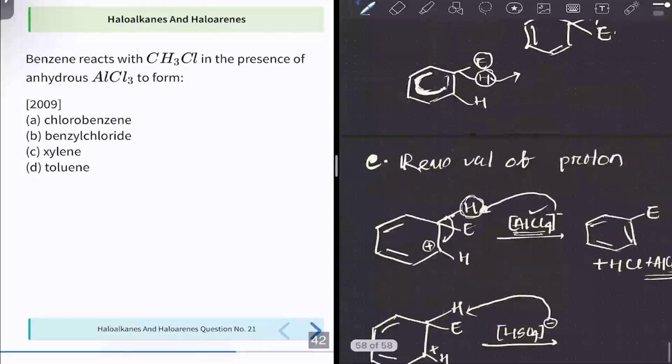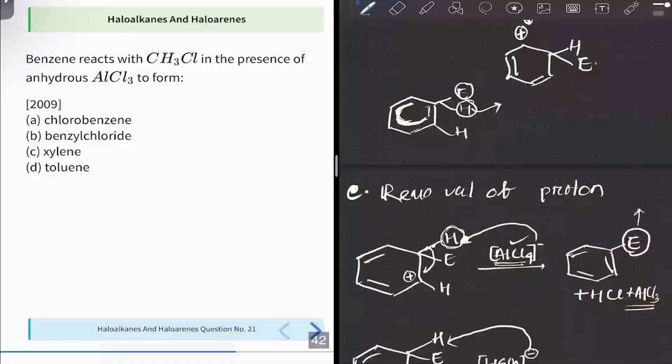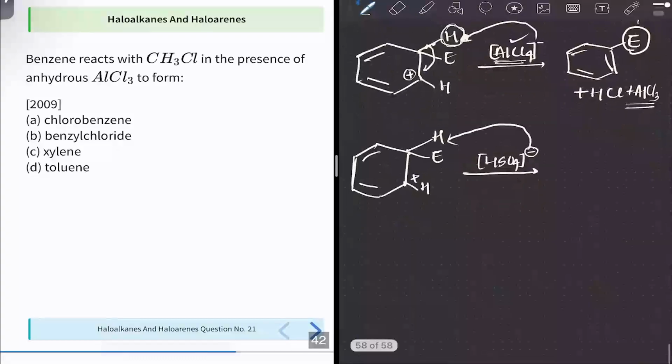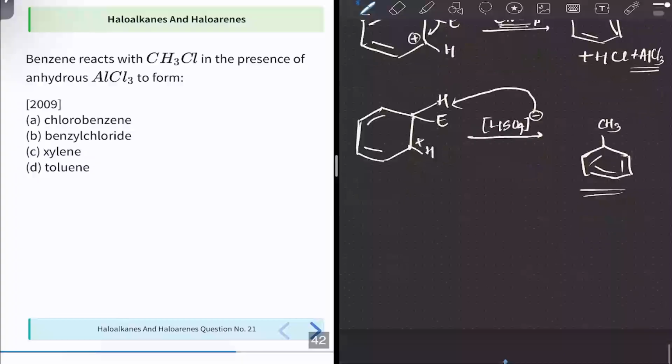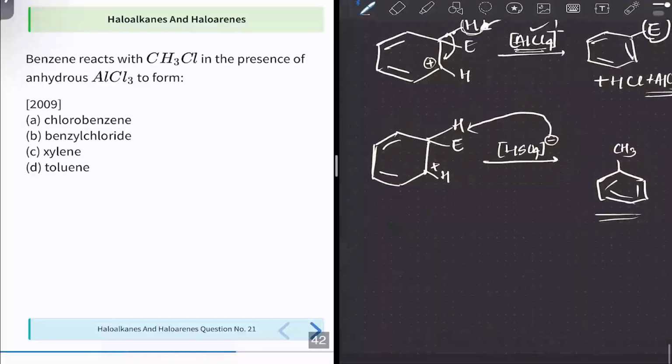For the alkylation, the E is CH3, so the product will be this. So we'll write the final reaction.